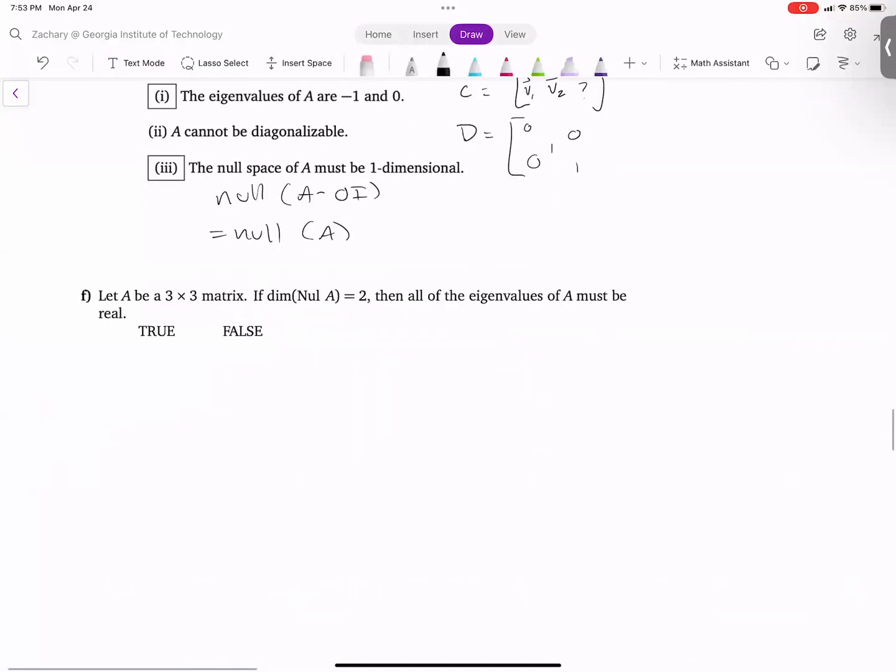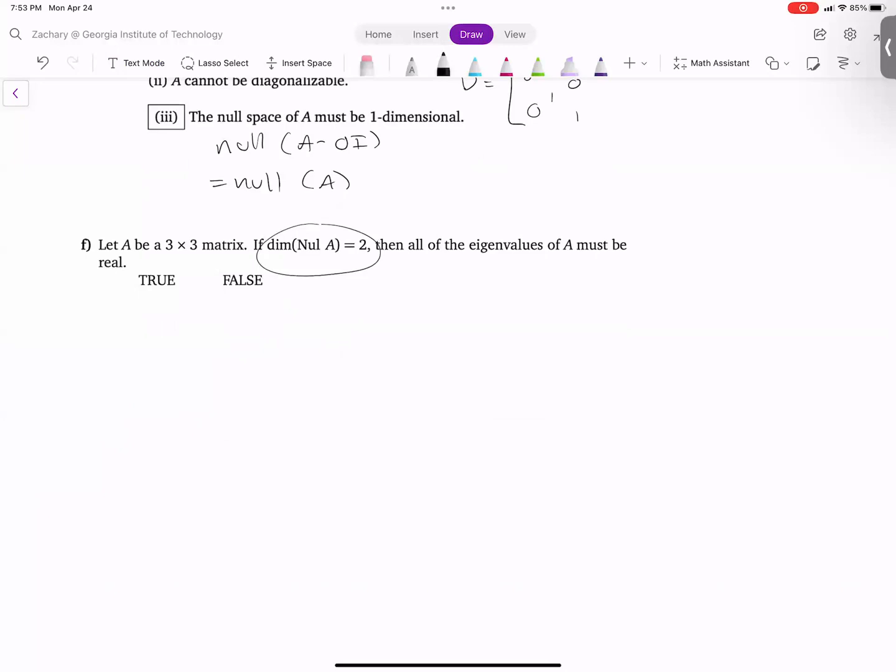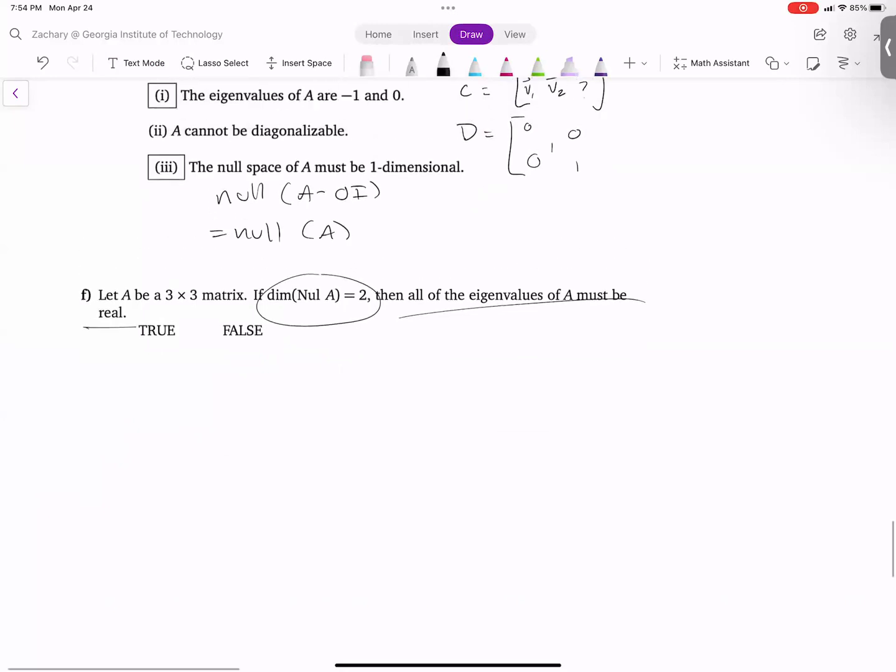If A is 3 by 3 and the dimension of the null space is 2, then the eigenvalues must be real. If we have complex eigenvalues, what can you tell me about them? They come in pairs, right? So we just said that the null space is the same thing as the 0 eigenspace.